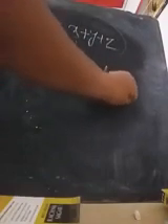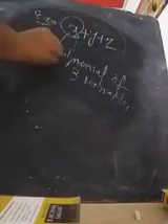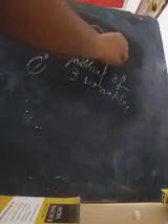Let us check its power, right? Here power is 1, here power is 1, here power is 1. So the maximum power is 1. So its degree will be 1. Okay, it's very easy.